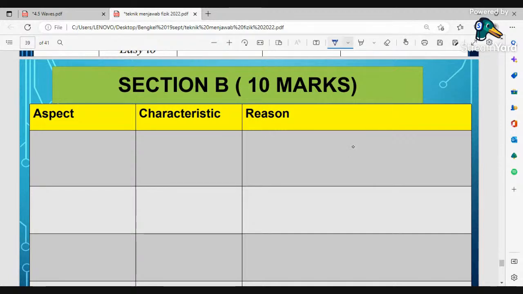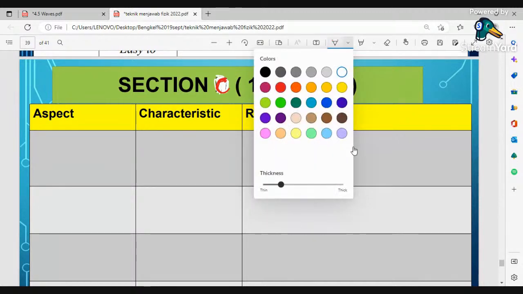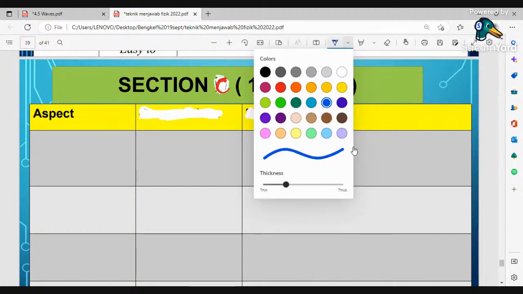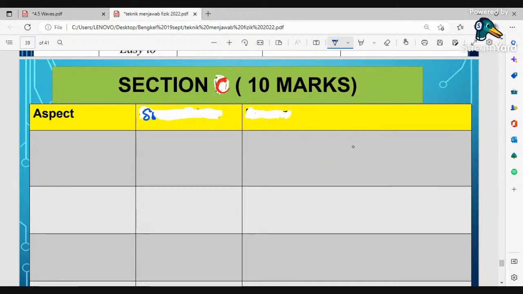Let's see, I just change this one to C. The question is section C. And here is your suggestion, and here is the explanation. Okay, write the answer for this one.